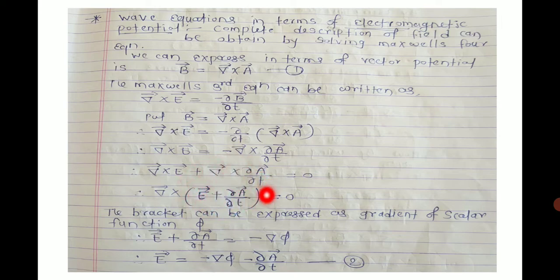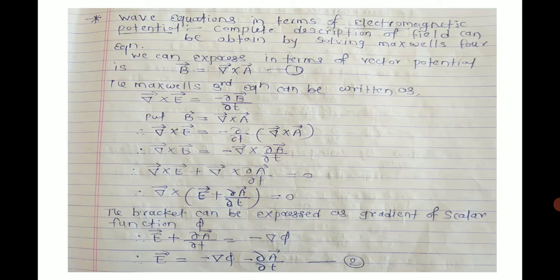That means this vector can be expressed as the gradient of a scalar function phi. E plus delta A by delta T is equal to minus del phi.